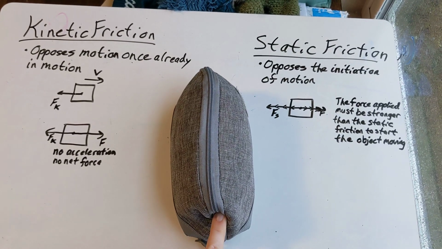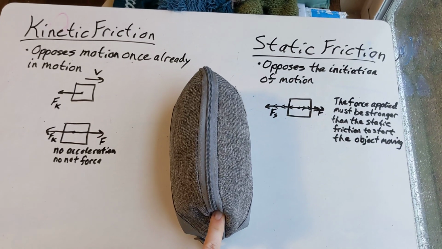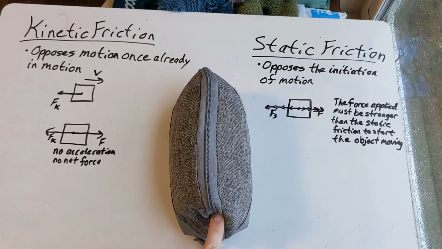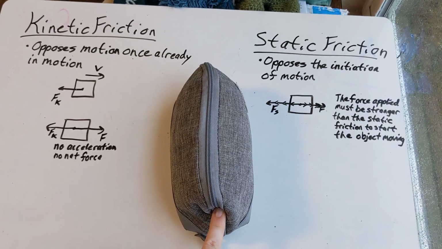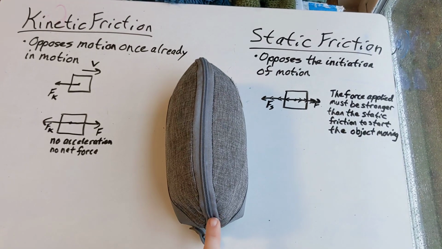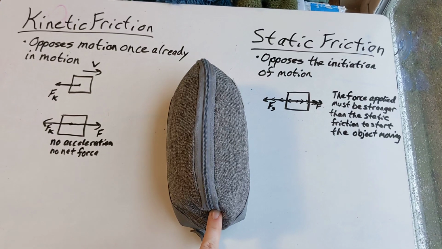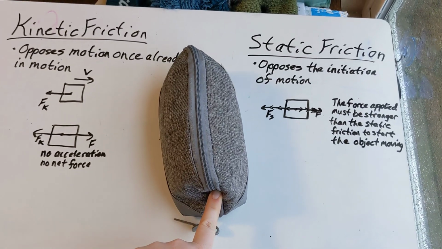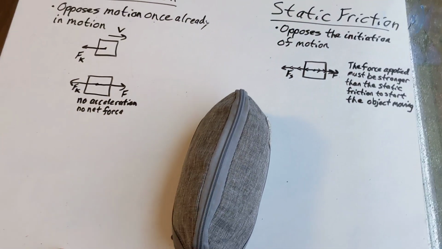But once I push a little bit more, it pushes back with a little more force. And you can test this yourself by just pushing on any object or pulling on any object. Start by gently pulling on it. You'll feel that the force that it applies to you is going to be equal to the force that you're applying to it until you get to the point where it starts moving. Once I get it moving, it is still going to oppose motion, but it's moving slowly.